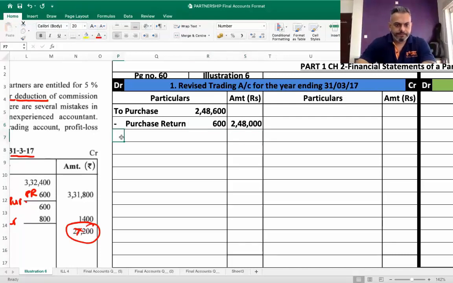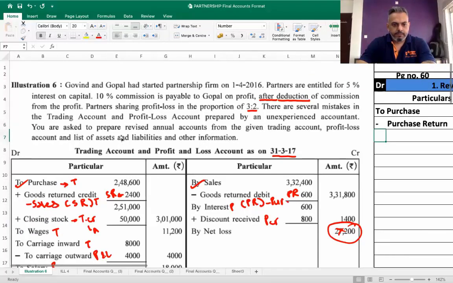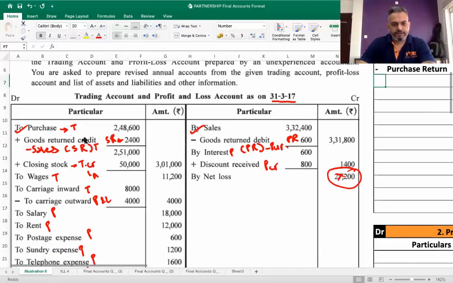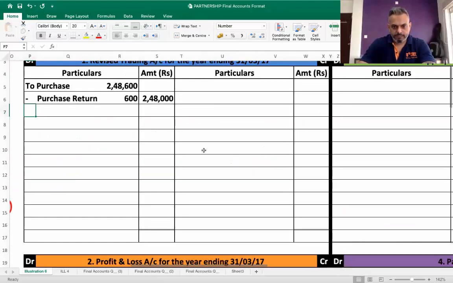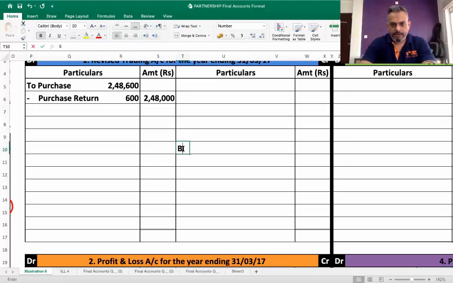Next, closing stock. Acha, sales return, we'll do it with sales. Closing stock 50,000 by closing stock 50,000.